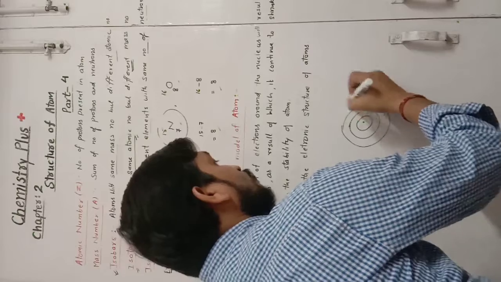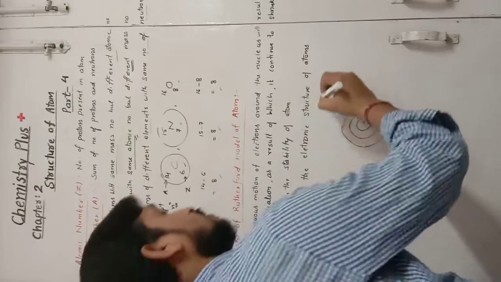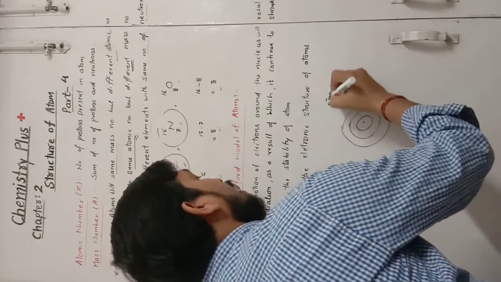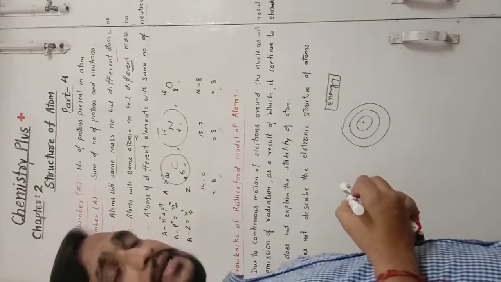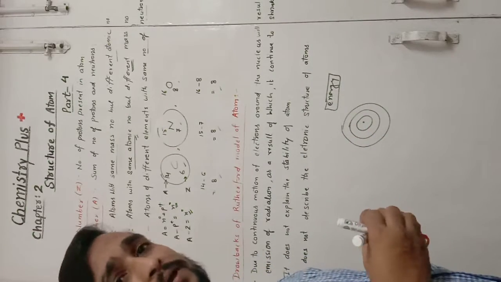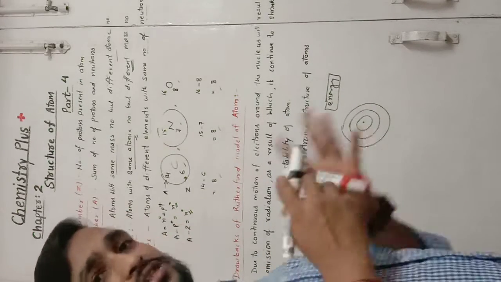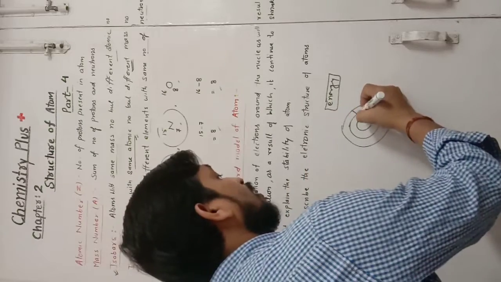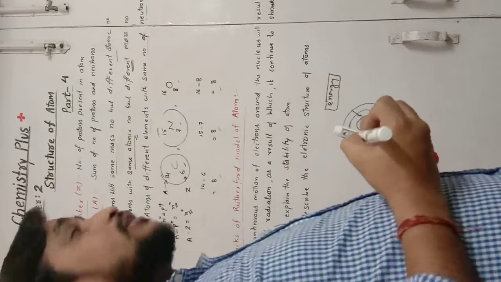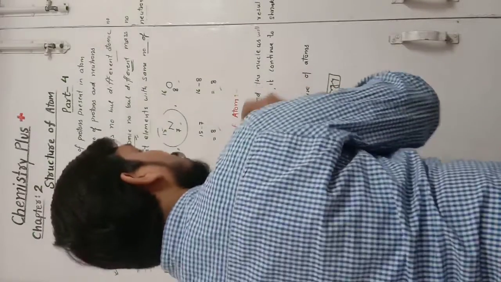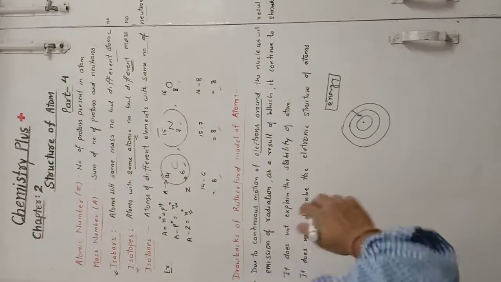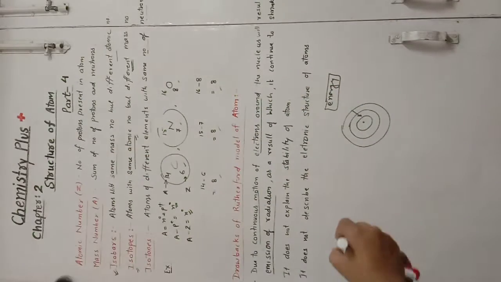If the electrons are revolving, they must possess some energy, and if the energy is emitted as radiation, the energy will decrease, and after some time the electron will fall into the nucleus. So the continuous motion of electrons around the nucleus will result in the emission of radiation.